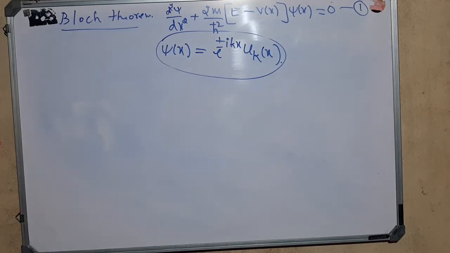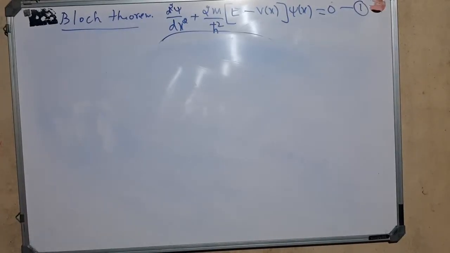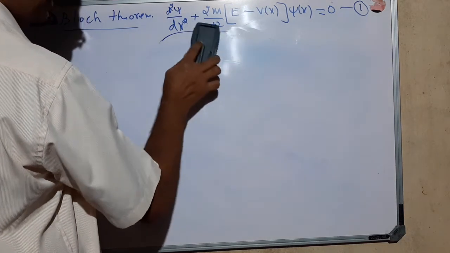Now our aim is to prove that the statement of this Bloch theorem is correct. That is, we have to prove now that the solution of this Schrodinger equation has this form. Now, as you observe, Schrodinger equation is a second order differential equation.